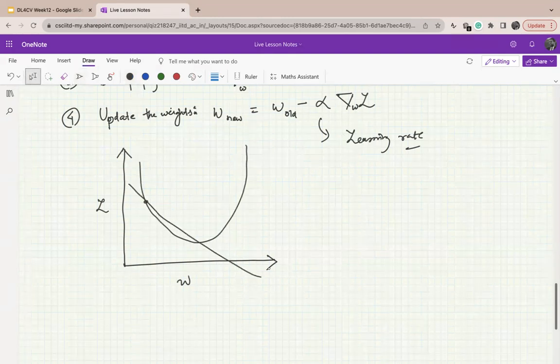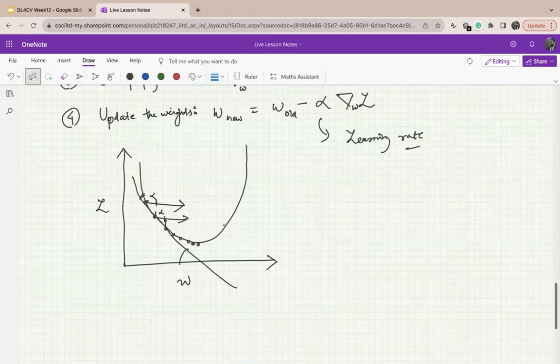Then you take the gradient at this point, and since the gradient is negative, you move in the opposite direction of the gradient. You move in this direction by a factor of alpha and you reach here, then you move again by a factor of alpha, and so on. This is called the gradient descent algorithm.